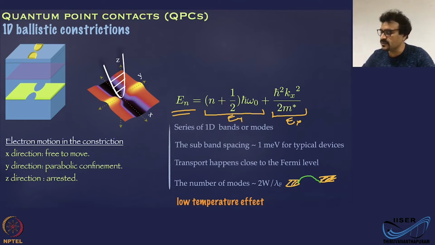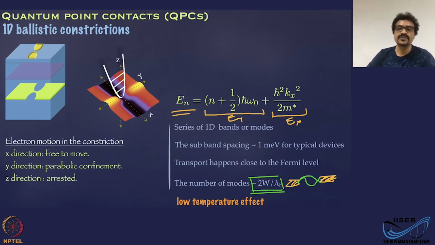It's the first mode, then you can have a second mode and so on. Okay. So the number of modes roughly is given by 2W divided by lambda f, where lambda f is the Fermi wavelength or de Broglie wavelength of the electron. So you will have this many modes in the constriction with a given width.